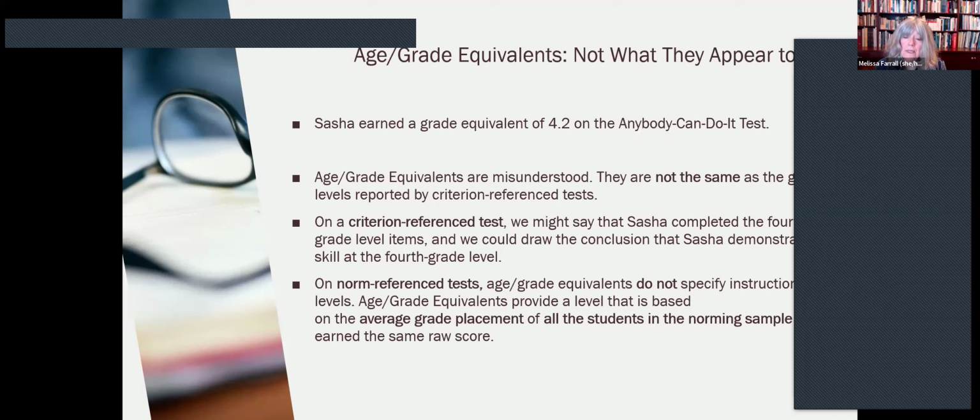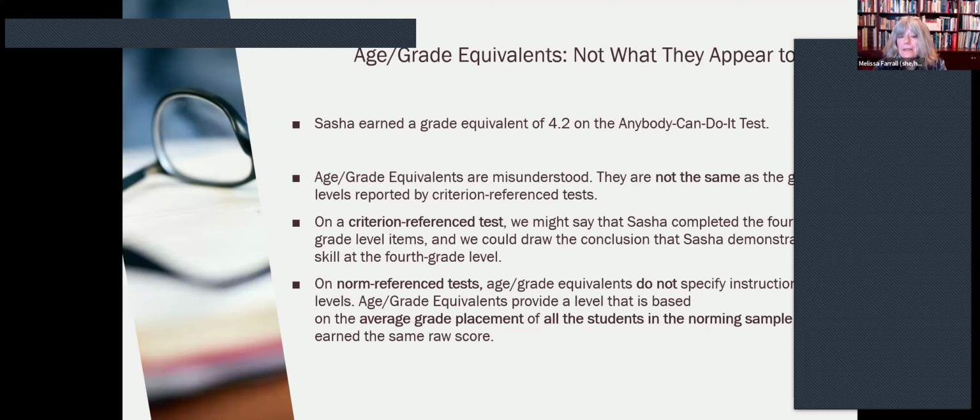And when we see an age or grade equivalent on a norm reference test, we have to disabuse ourselves of that notion that it has anything to do with age or grade level. Okay, so age or grade equivalents have nothing to do with how we conceptualize what performance should be at the second grade level or third grade level or fourth grade level.